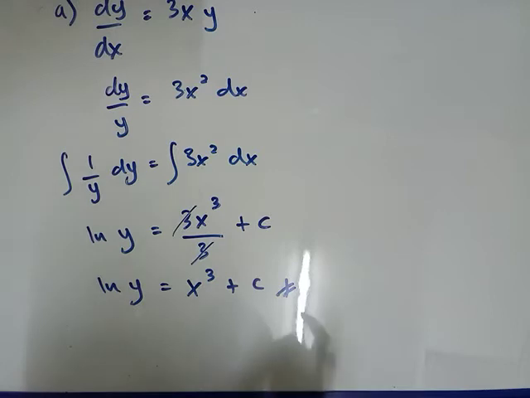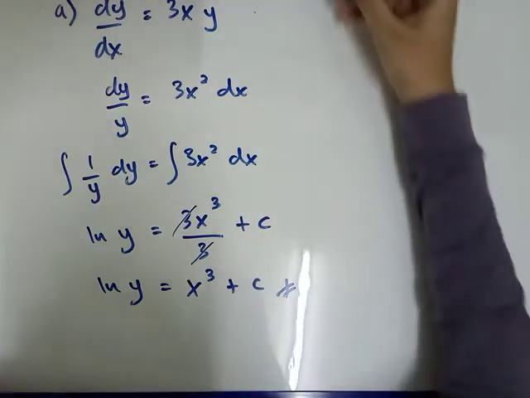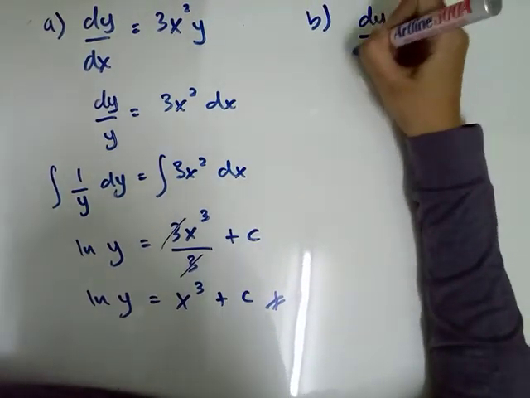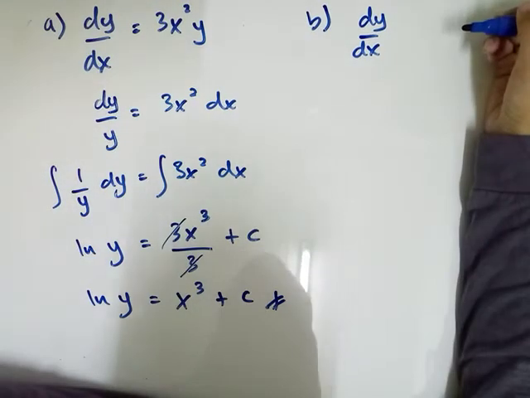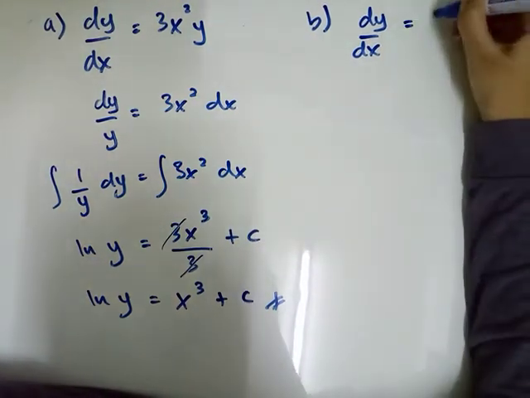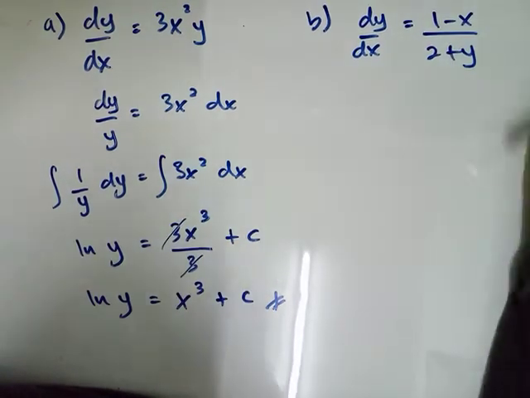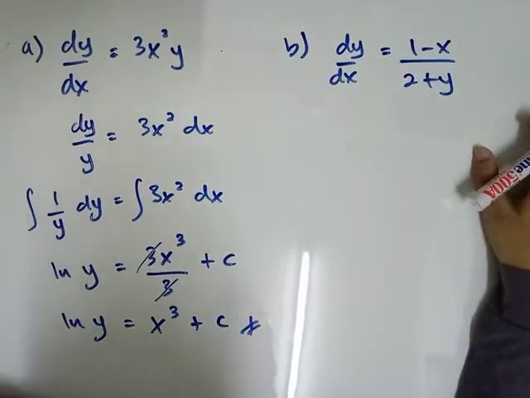Okay, you faham now? Now look at B. B is dy over dx equals 1 minus x divided by 2 plus y. So how to solve this one?